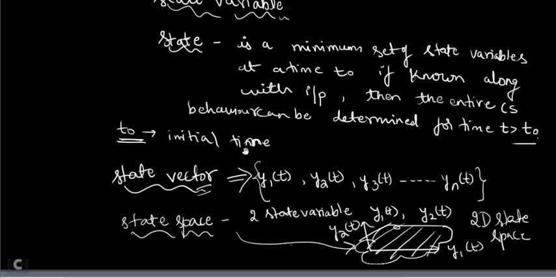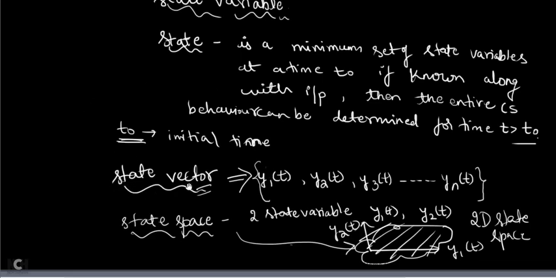Okay, so if you know the state variables, can you not calculate anything in the future? Okay, you can calculate. So the state variables are the minimum parameters which you want to know about the system. If you know those values, then you can calculate any other parameters of the system in future. That is called state variables for any control system.